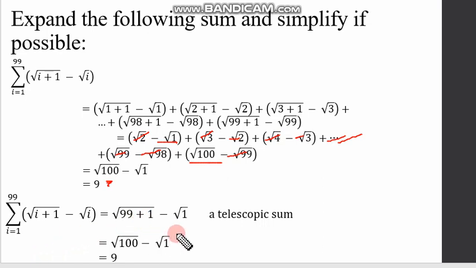So here, with the telescopic sum, f of n is the square root of 99 plus 1, minus the square root of f of m, which is 1. So 99 plus 1 is 100, so square root of 100 minus square root of 1, that's 10 minus 1, which is 9. And that's it.